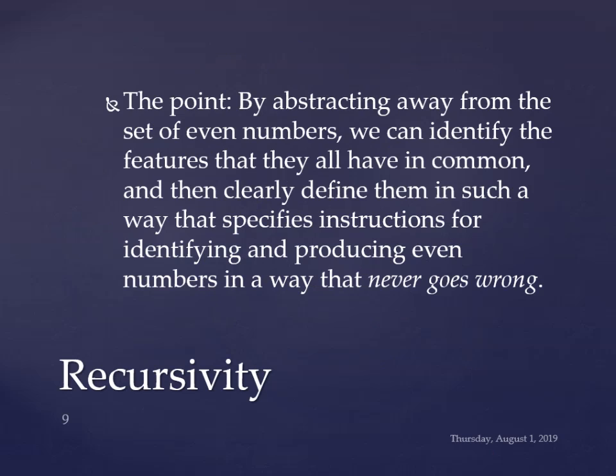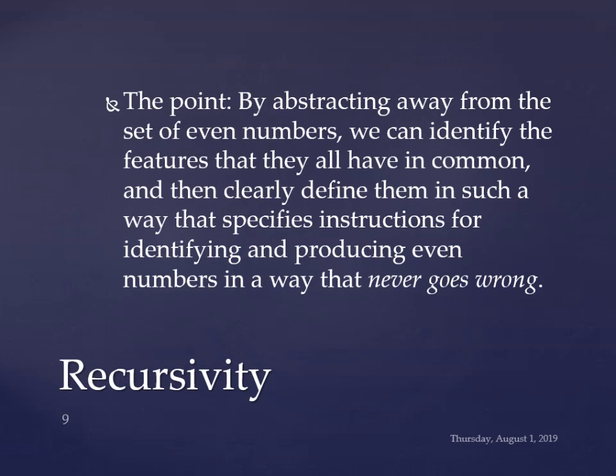So the basic point here is that by abstracting away from the set of even numbers, we can identify the features they all have in common and then clearly define them in such a way that specifies instructions for identifying and producing even numbers in a way that never goes wrong. That's what a recursive definition does.